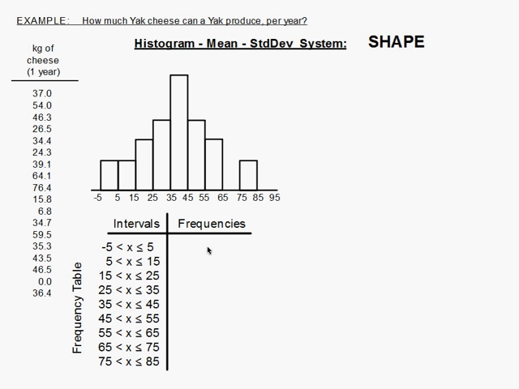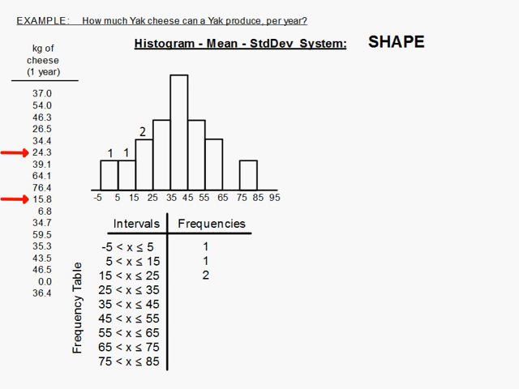Now, going back to the first interval, how many data measurements are between -5 and +5? Looks like there's really just that 0. So under frequencies, only one number is between -5 and 5, which is why that first column is 1 unit high. How many are in the second interval? It looks like just 1.